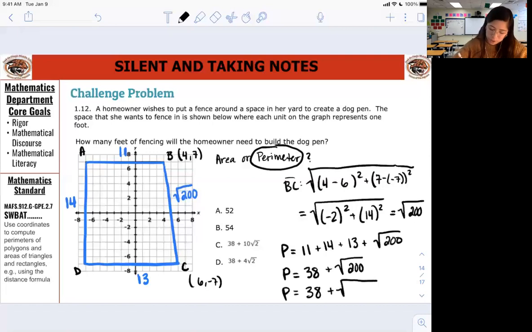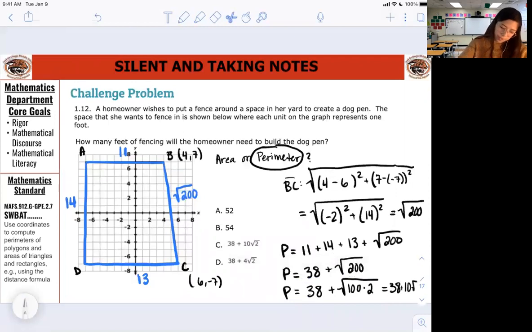Good, Jalen. 100. 200 is 100 times 2. Correct? With me so far? Okay. Well, I can take the square root of 100. What's the square root of 100? Square root of 100 is 10. So this is the same thing as 38 plus 10 times the square root of 2.